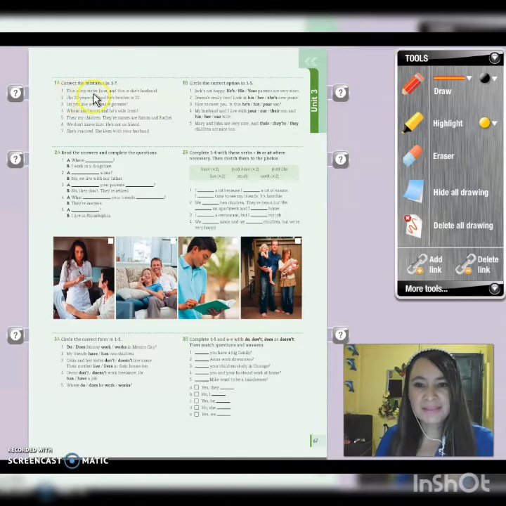Number 1, this is my sister Jane, and this is she's husband. What is the mistake? Try to guess. Then we have number 2, he's 20 years old, and his brother is 22. Do you live with your parents? 4, where are Daniel and his wife from?